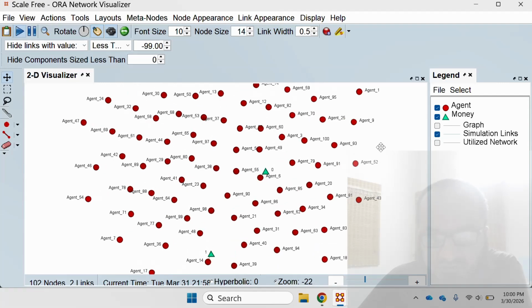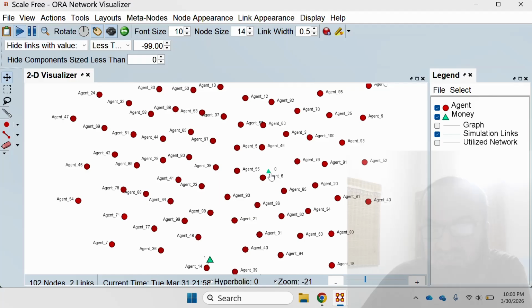Since there were two nodes which we selected for the distribution of money, 0 and 1 are the node numbers. It's not that money is there or money is not there. These two nodes, agent number 6 and agent number 14, were acting as the source of money. So you see at the first instance, only they have the money. This is 31st March. They are linked with the money.